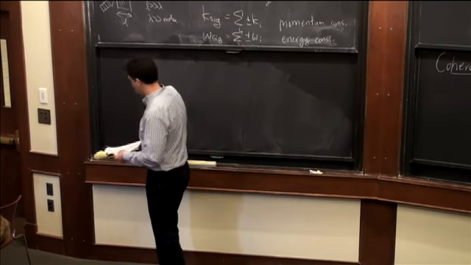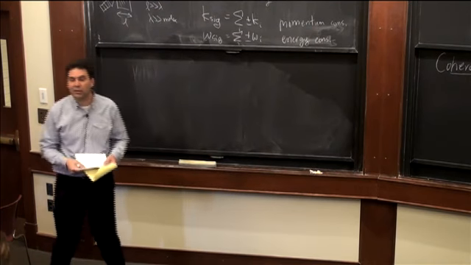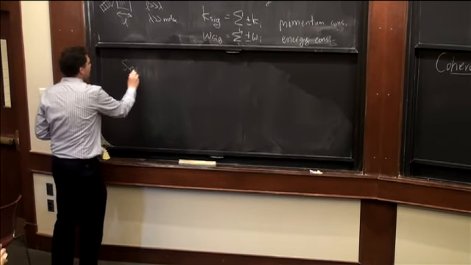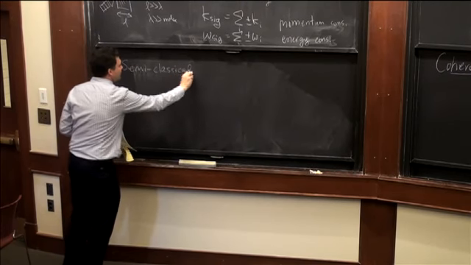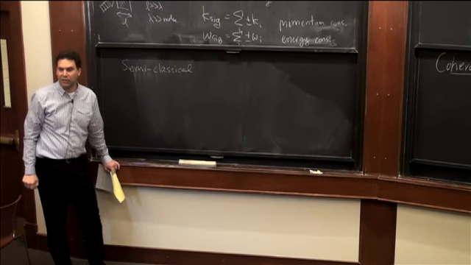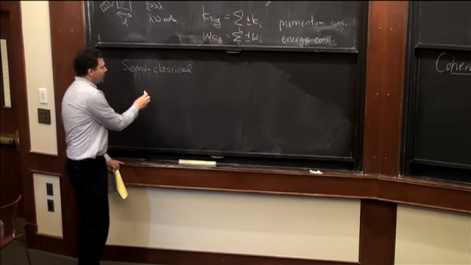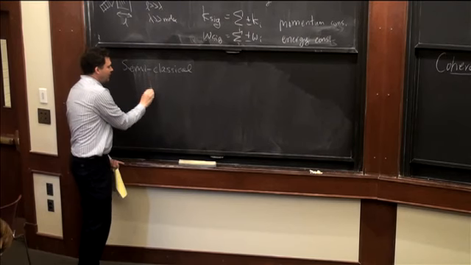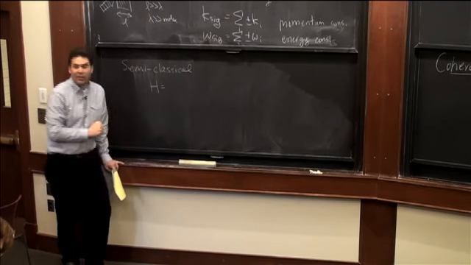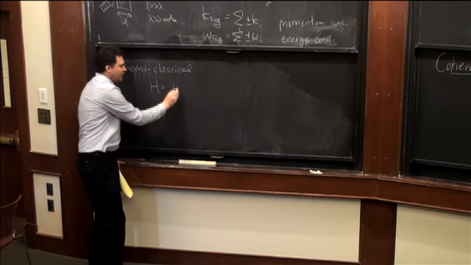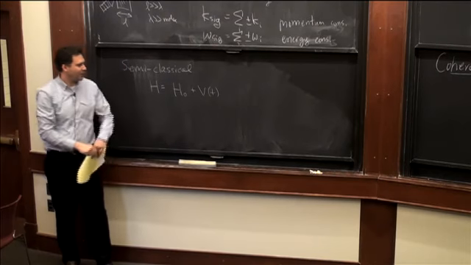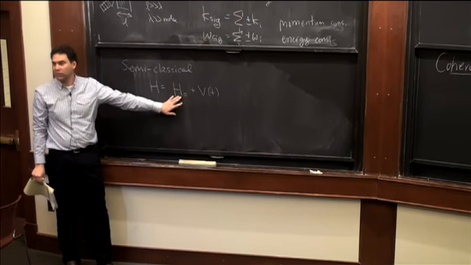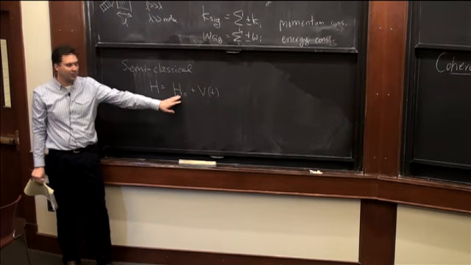A couple more definitions. For our work, we're going to be working with a semi-classical description of the light-matter interaction. What we mean by that is that this is all going to be handled by taking the Hamiltonian for the system to be a sum of two parts. One is a Hamiltonian for the matter in your system, and we'll come up with various forms of what this Hamiltonian might look like.